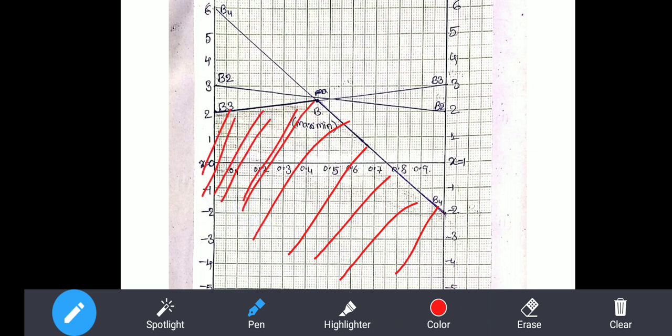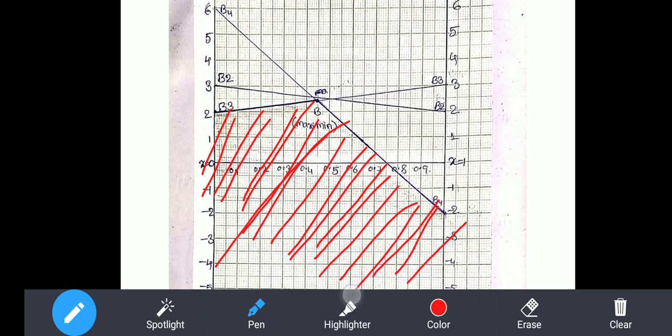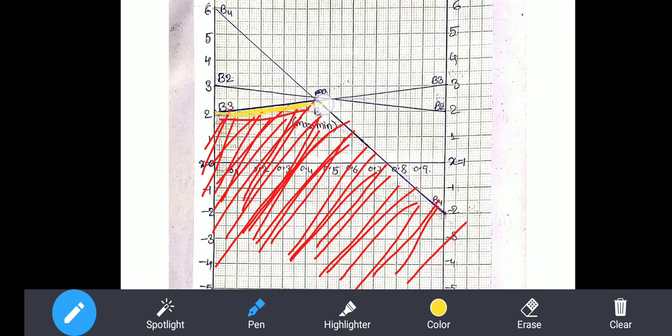In this part, whichever lines make contact with this portion, those are the lines you need to consider. If more than 2 lines contact this cross-sectional area, these are the lines in contact with the hatched maximin portion. So what are those equations? They are b3 and b4.